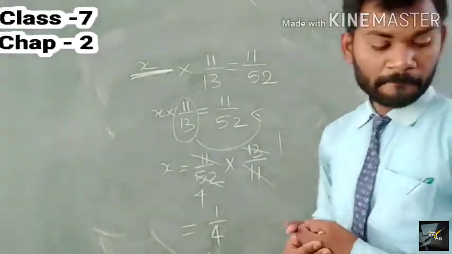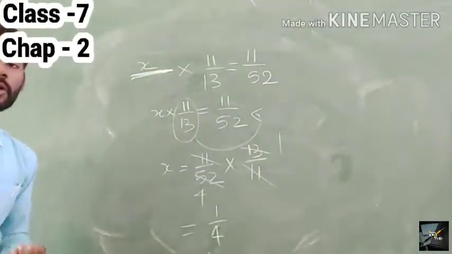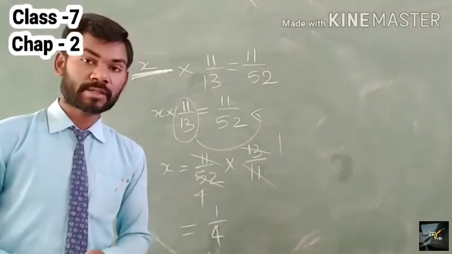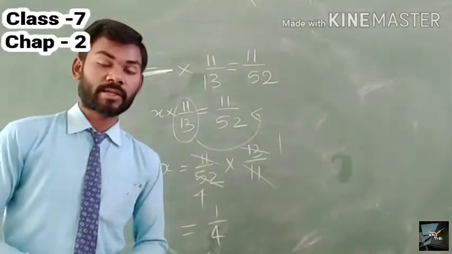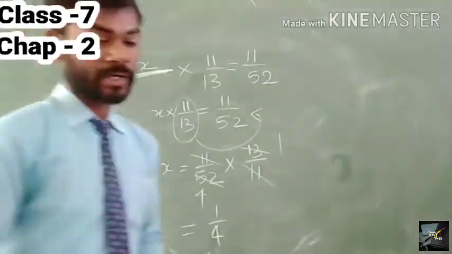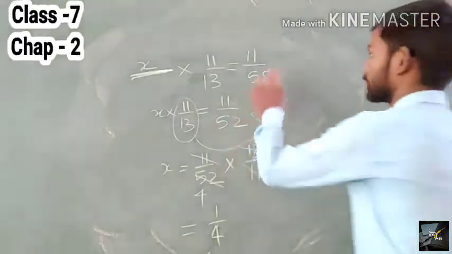Now let us see the question that is based on multiplication of fractions, but here we use the fractions that are given in mixed form. That is, here we solve the multiplication of mixed fractions.